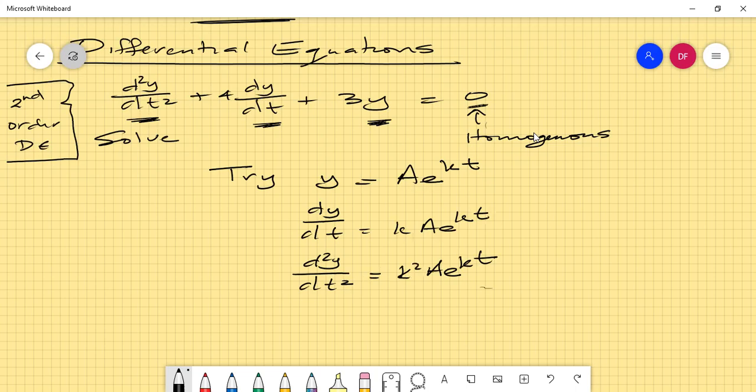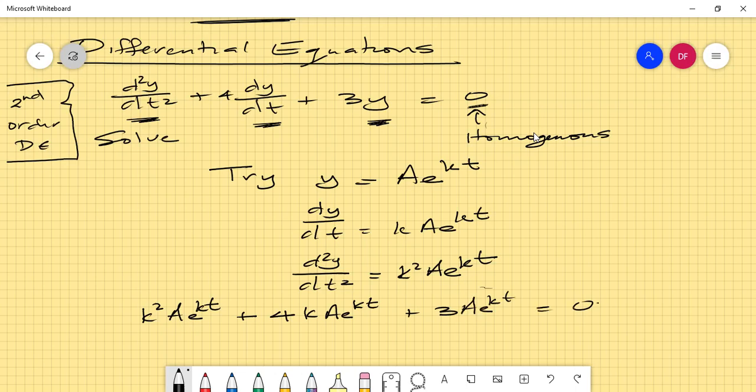I'm going to get k squared A e to the kt plus 4kA e to the kt plus 3A e to the kt is equal to 0.